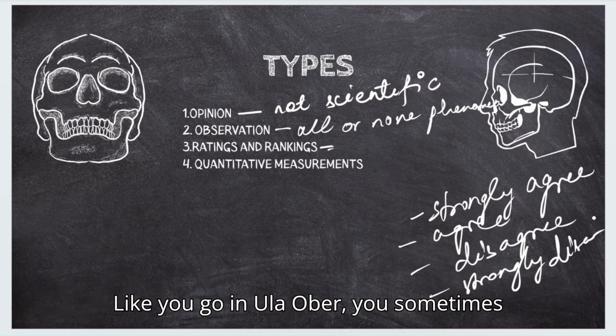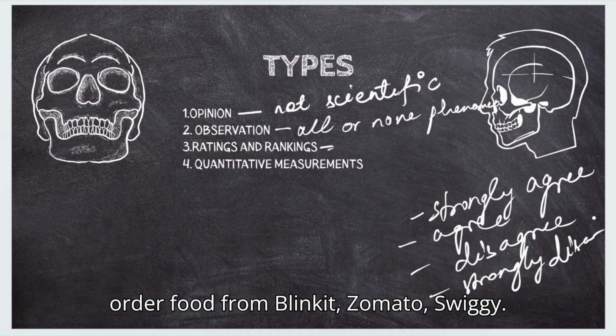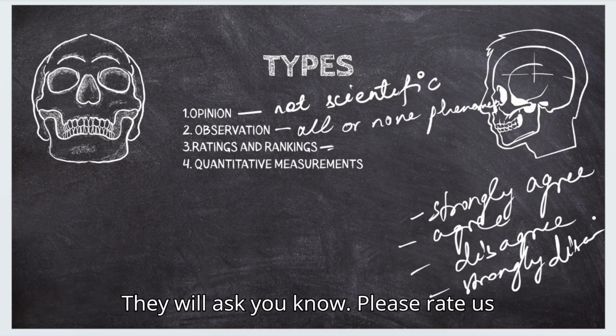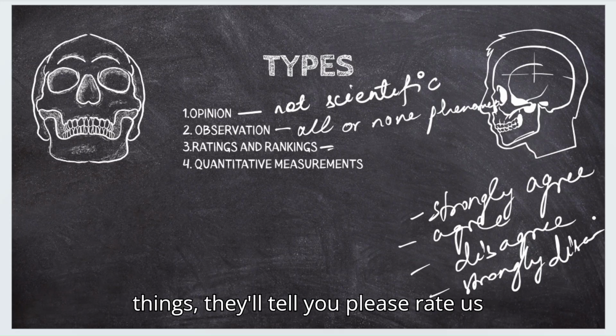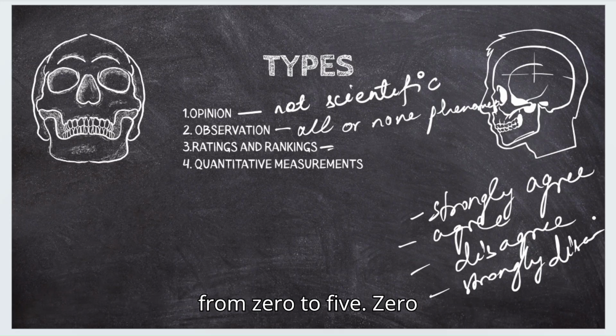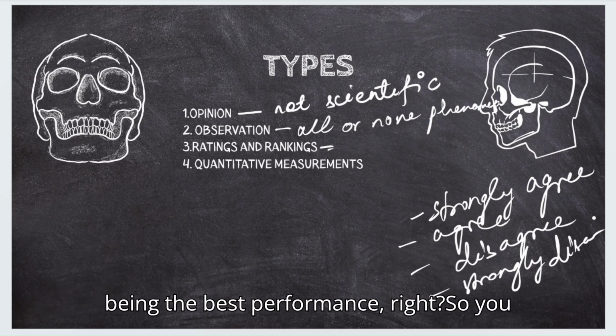Like you go on Ola, Uber, you sometimes order food from Blinkit, Zomato, Swiggy. They'll ask you, please rate us. Whenever they deliver things, they'll tell you, please rate us from 0 to 5. 0 means worst and 5 being the best performance, right?